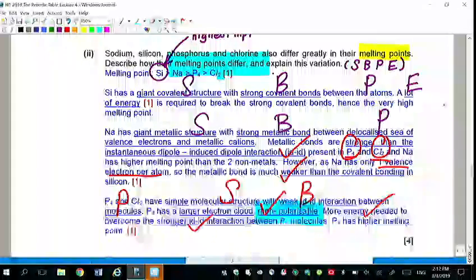Soft boiled pigeon egg. Take note. Okay, moving on.